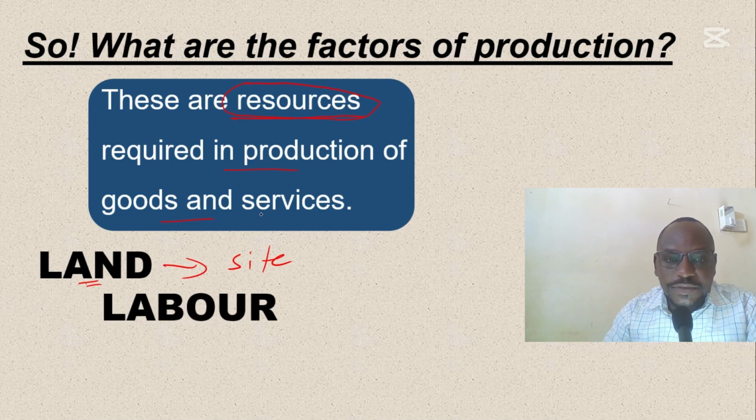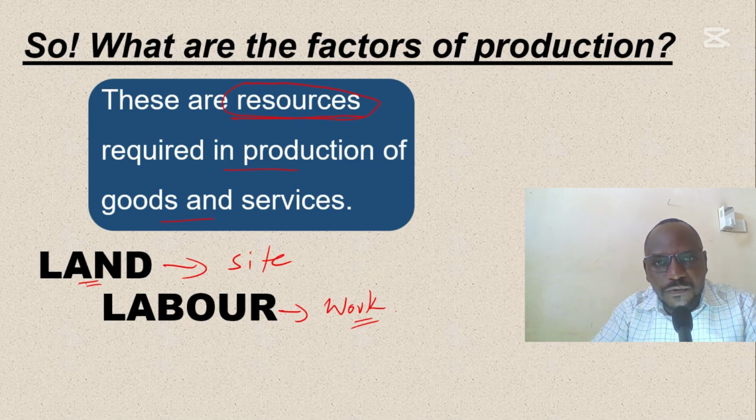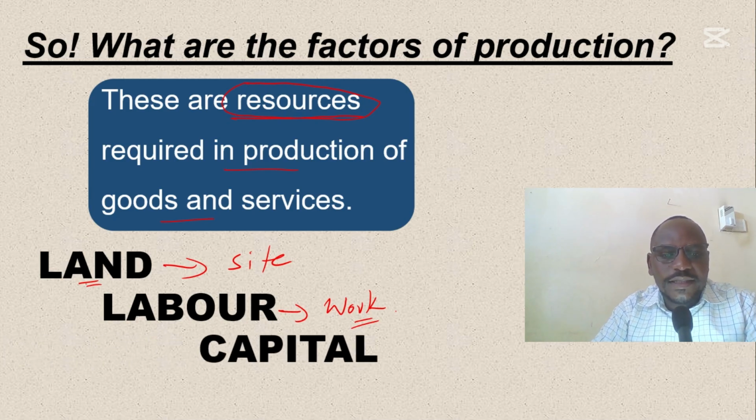Think of any production unit which does not involve people offering some work, that is offering and selling their labor. The capital, we shall see here in business, most people think about money, but we shall see what exactly is capital when it comes to factors of production.